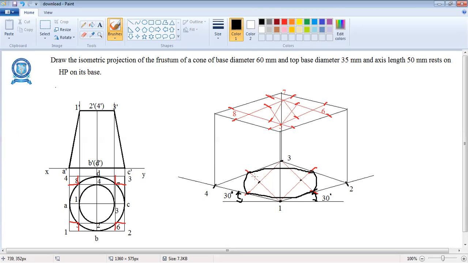Now I am drawing by using freehand. Then it is an irregular shape. In the same way, here also using that procedure, you have to draw an arc. Place a compass here. Take this measurement.